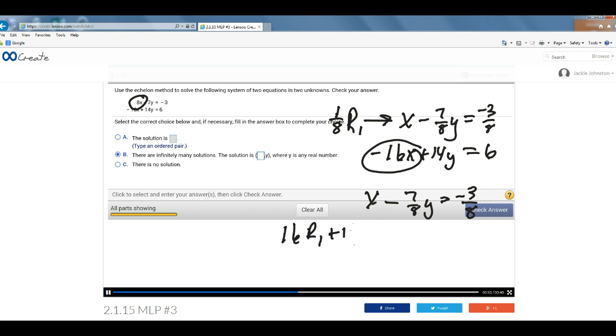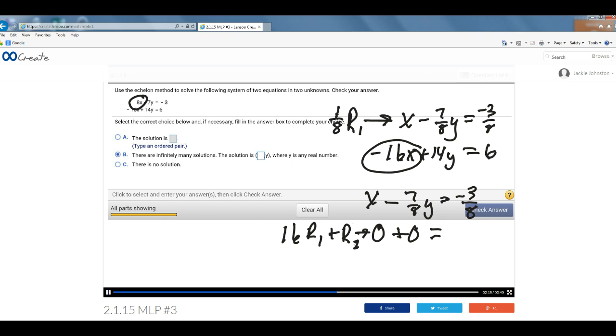So my new row is 16 times row 1 plus row 2. 16 times row 1's x is 16, plus a negative 16, so that's going to be 0. Then 16 times negative 7/8 is, 8 goes into 16 twice, negative 14. Negative 14 plus 14y is going to be 0.